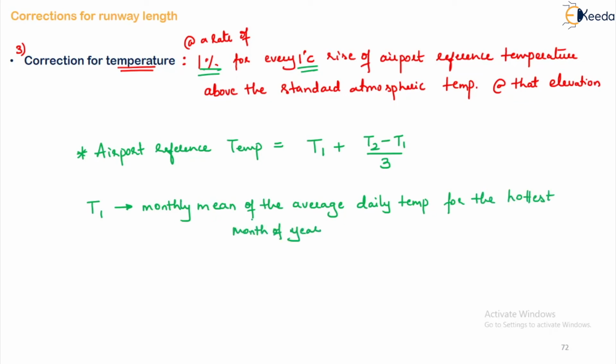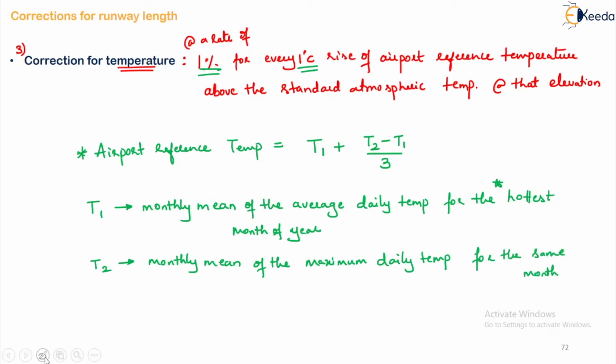So you take the monthly mean of the average daily temperature, especially for the hottest month of the year. That gives you T1. Then T2 is the monthly mean of the maximum daily temperature for the same month.